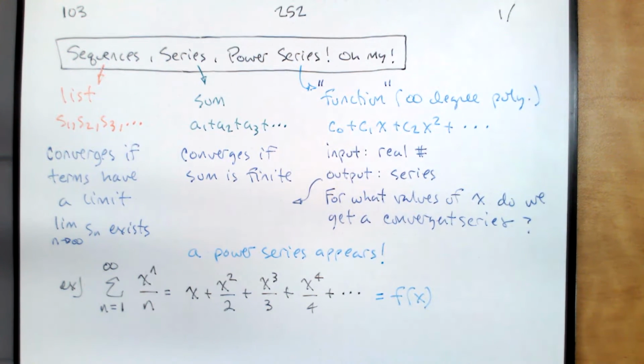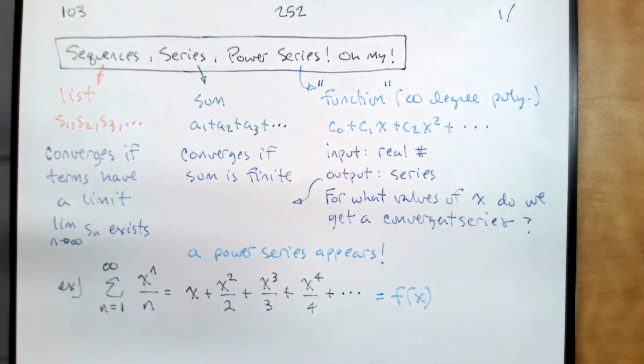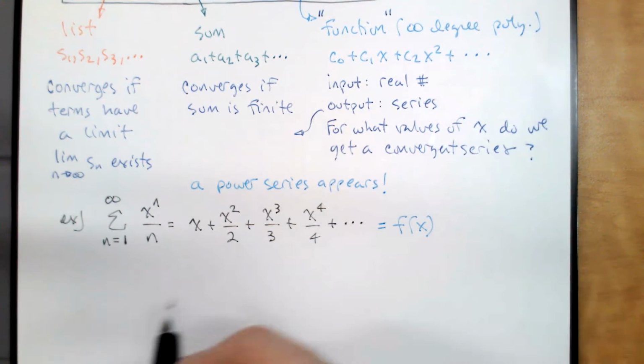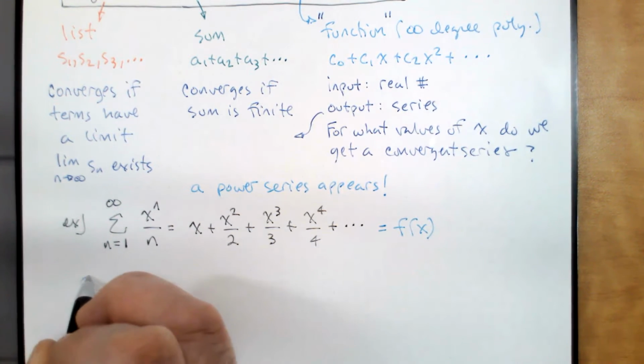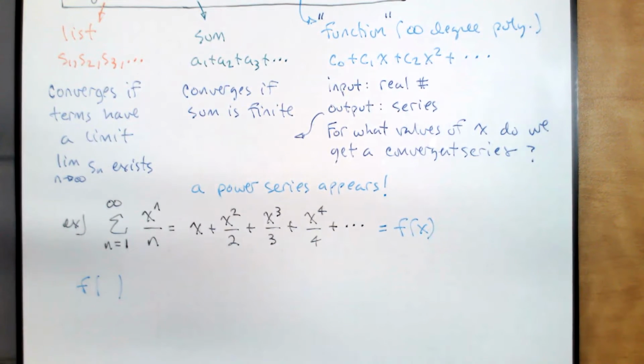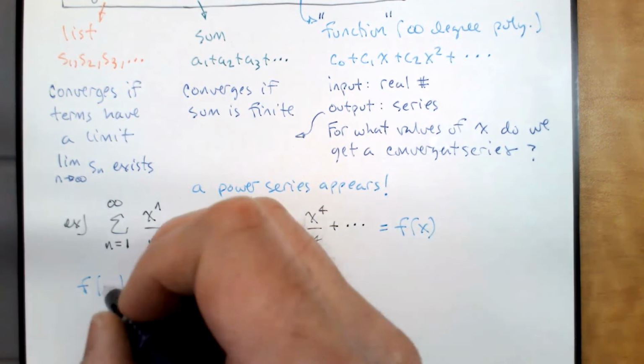If we choose a value of x, then we'll be looking at a series. So what we're thinking of doing is taking our function and plugging in some value. So f of 1.